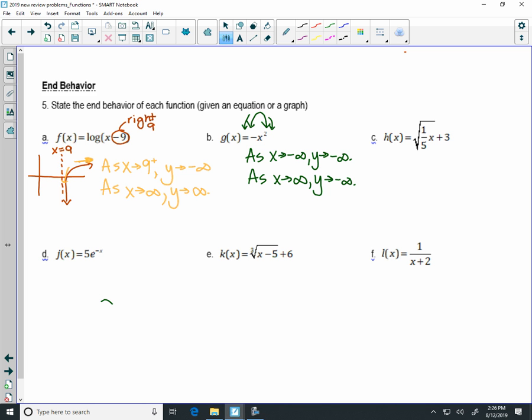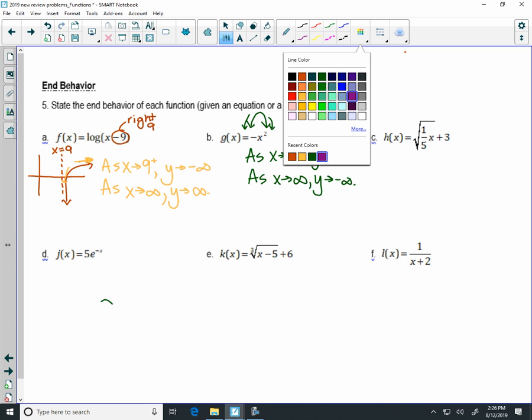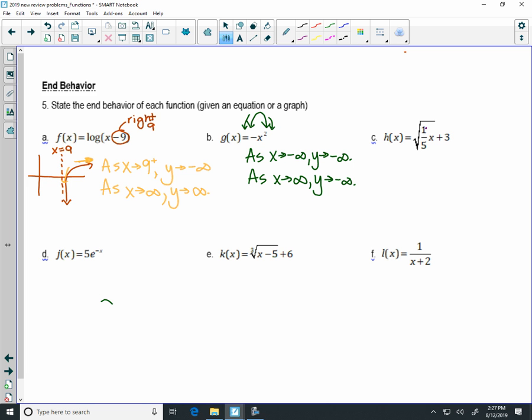Awesome. Okay, square root function. The 1/5 on the inside is a horizontal stretch by 5. And up 3, that just means it's going to go out faster than it's going up, and we're moved up 3.